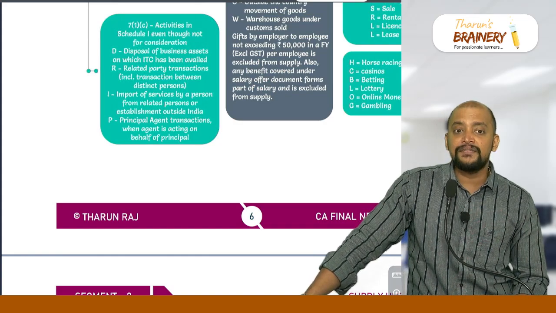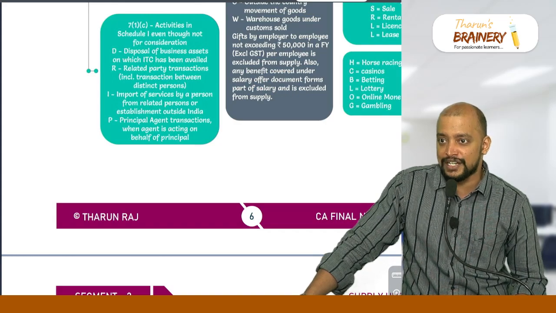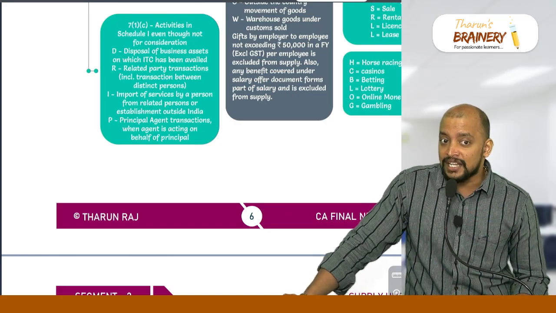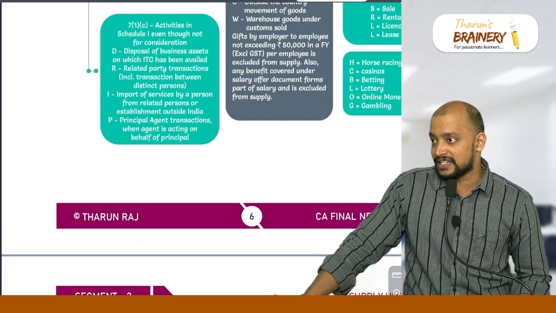And 7(1)(b) is import of service whether or not in the course or furtherance of business, but 7(1)(c) import of service should be in the course or furtherance of business. So that is the difference between these.